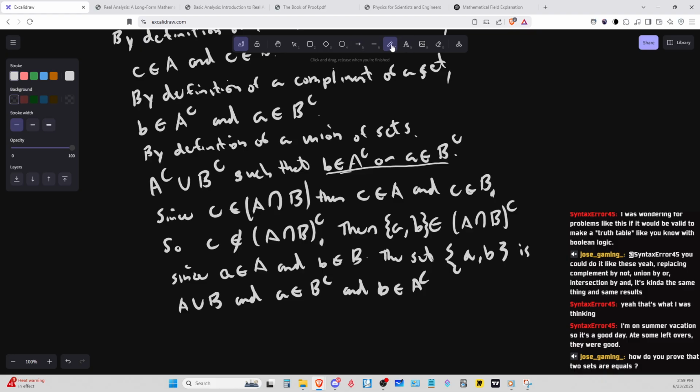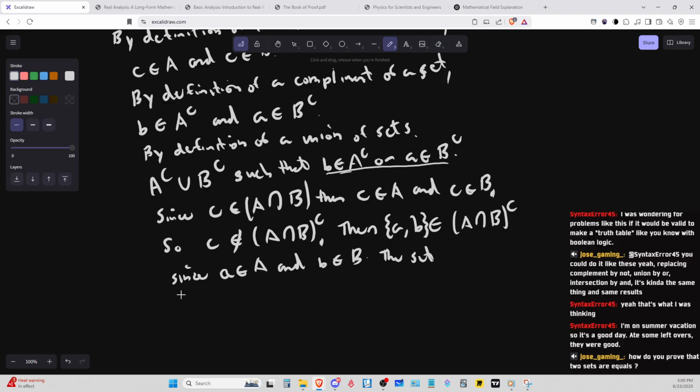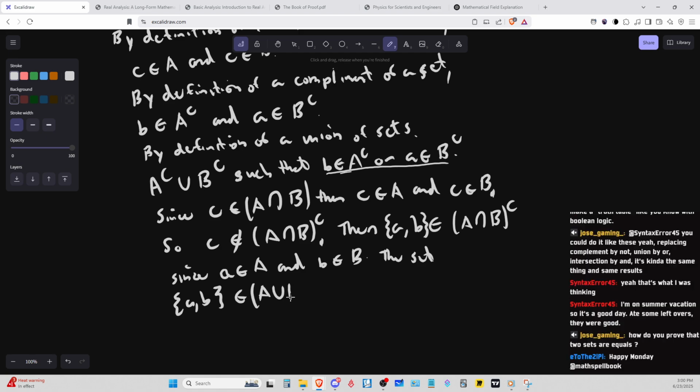Maybe writing that as an element makes more sense. Make it look better. Oops, no, don't do that. Set A, B is an element of A union B.